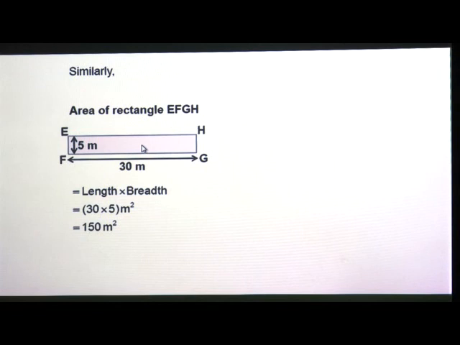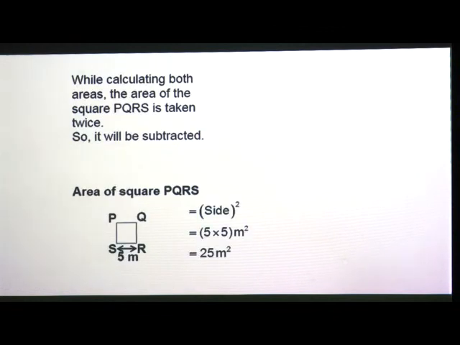Is the area of both the rectangular paths the same? No, because the length is different in both the paths. So, while calculating both the areas, the area of the square PQRS is taken twice.